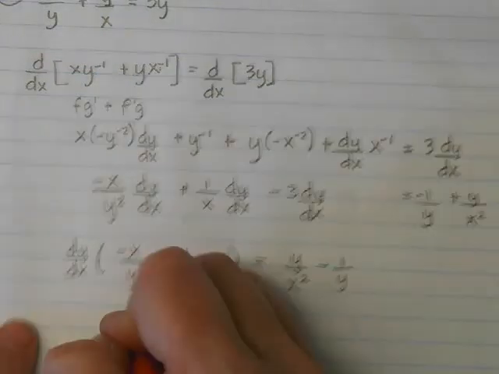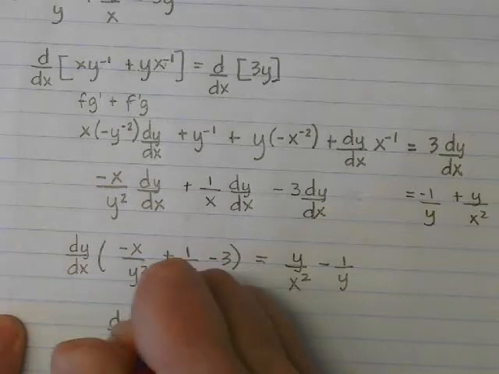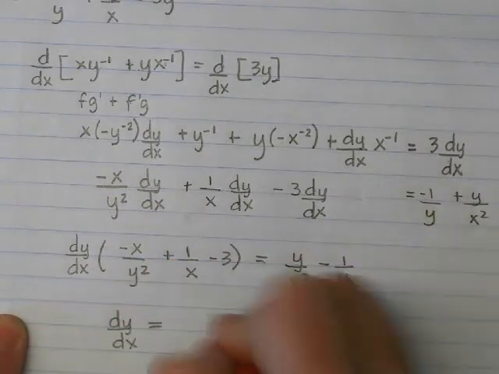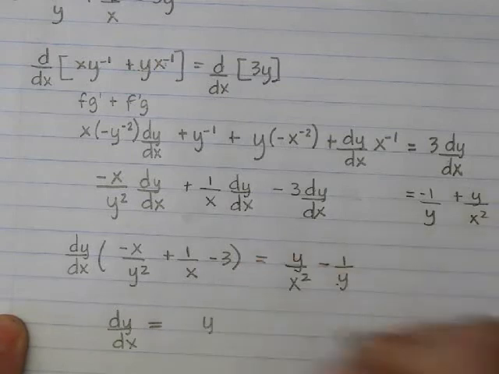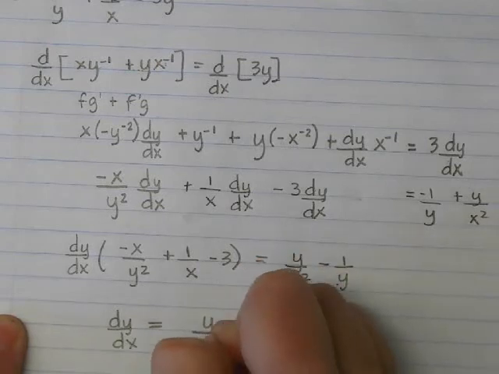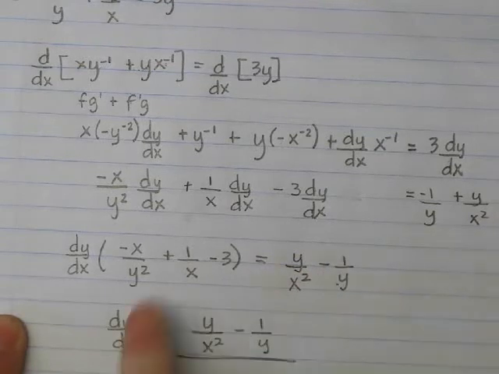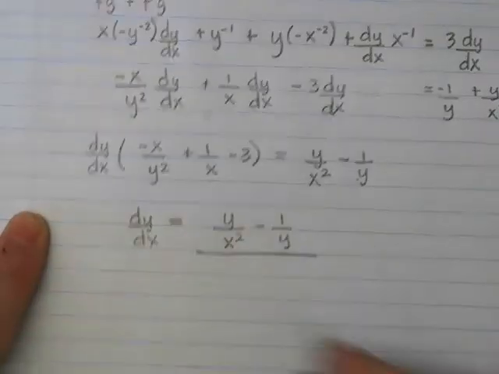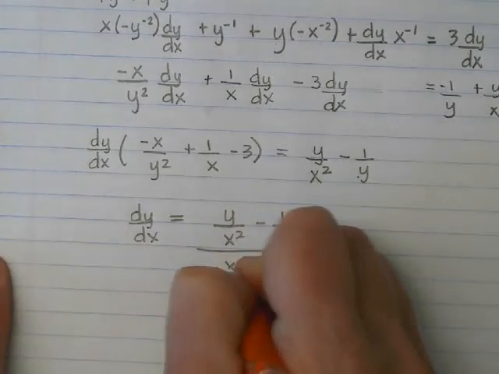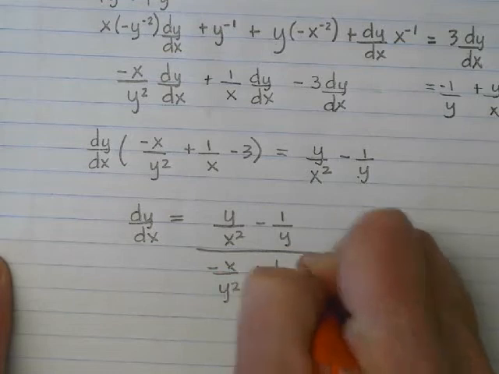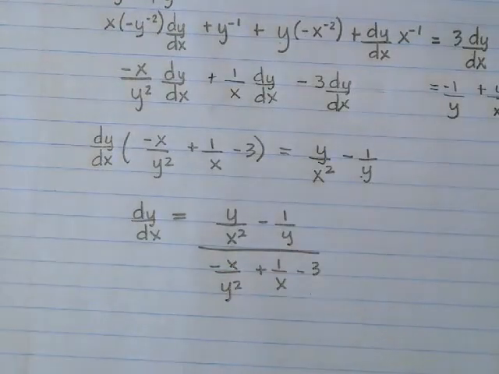Well, let's look. dy/dx equals, I'll just leave it like it is for right now, no common denominator, y over x squared minus 1 over y over all of this stuff right here. Again, I'm not going to get the common denominator just yet. Okay, so that's where I'm at.